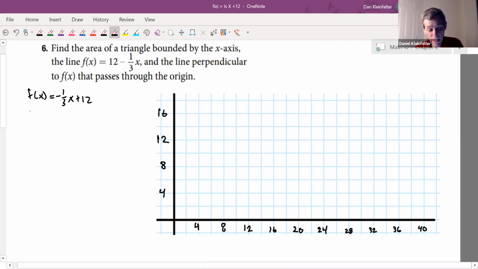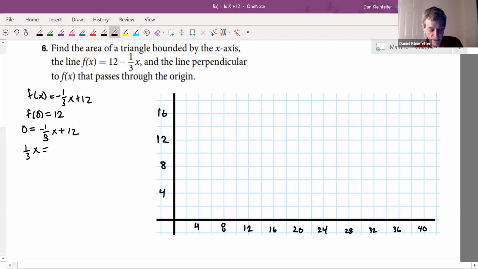So the y-intercept, f of 0, is going to be 12. And then for the x-intercept, we're going to set our f of x equal to 0. And then from there, we'll solve by adding 1/3 x to both sides.